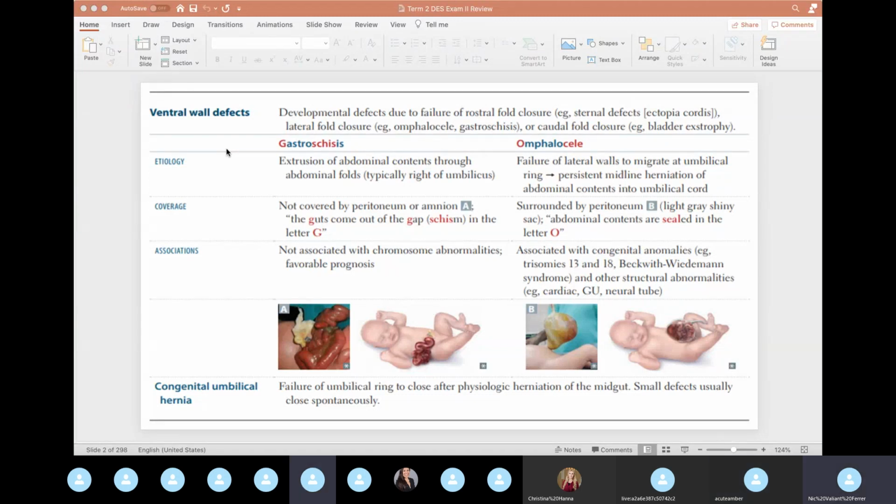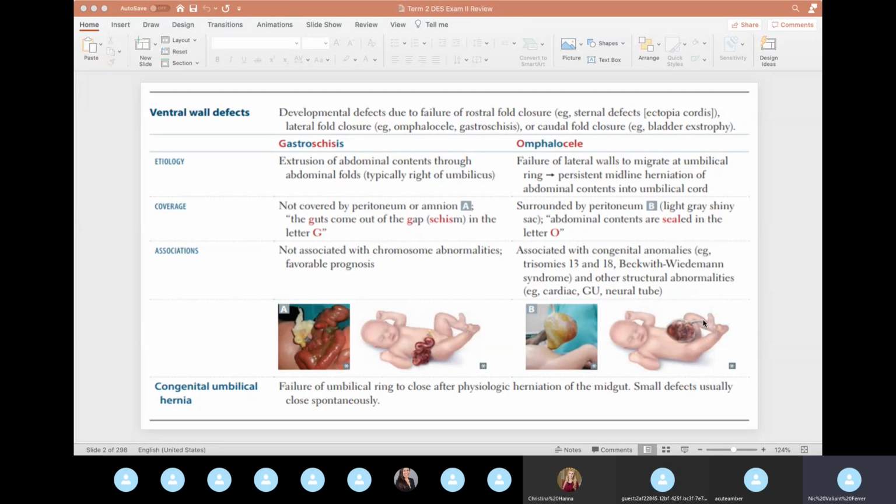What can tell me in the quad screen that it is Down syndrome? Alpha fetoprotein. Okay, so in AFP, is it increased or decreased in Down syndrome? I think it's decreased. It is decreased. Excellent. So most of the trisomies, AFP is decreased.